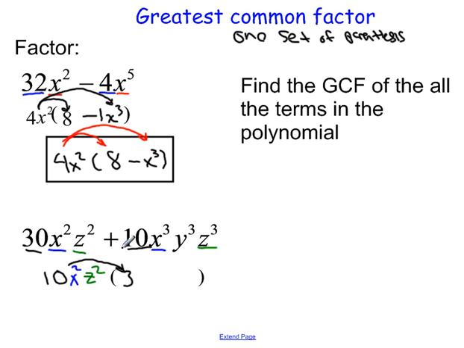Okay, now, the second term inside the parentheses. Let's just do it term by term. 10 times what gives me positive 10? 10 times 1. x squared times what gives me x to the third? x squared times x.